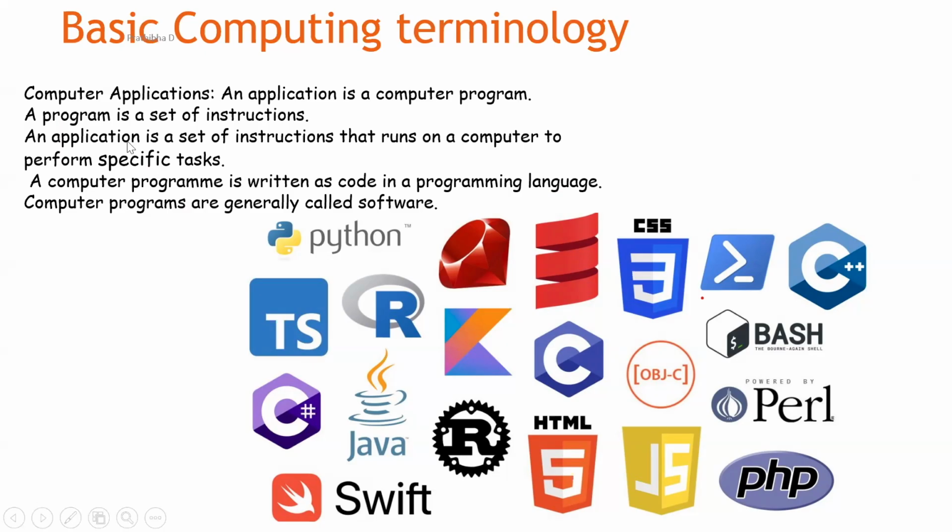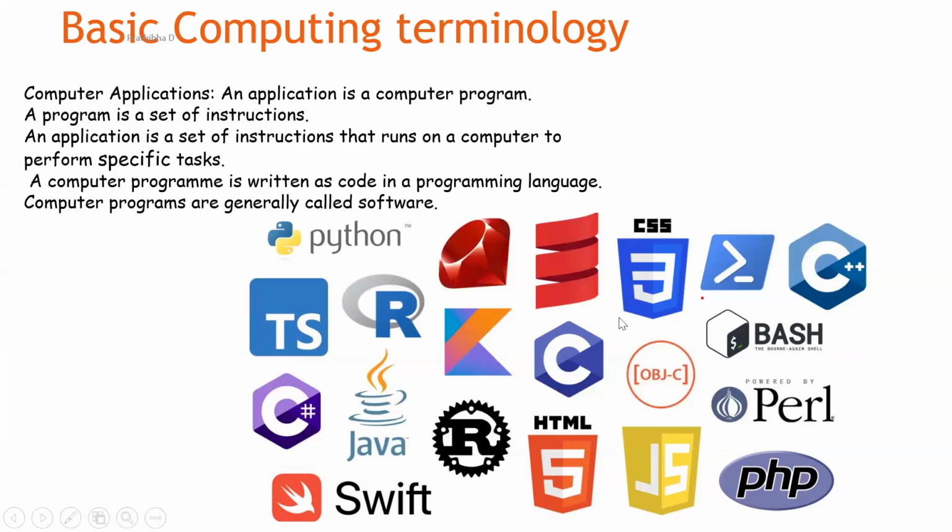So you should understand what an application is: it's a set of instructions. And your entire computer program is written in a programming language. Many of you must already be familiar with programming languages, right? For example, different programming languages like Python, C, C sharp, C++, CSS, HTML, Java, Perl, PHP.